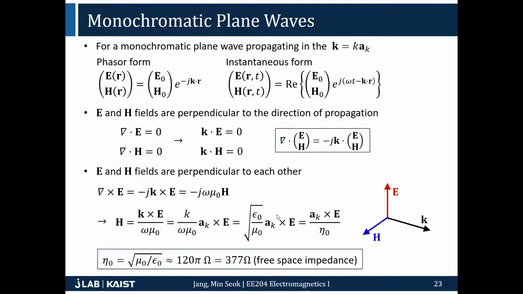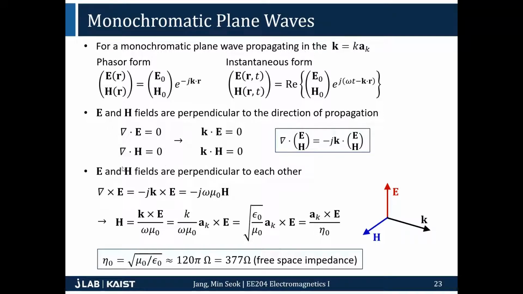And some of you might question how come divergence of E is equal to k dot E? Well, it's actually not exactly the same as k dot E, but it's the same as minus jk dot E. Because the E field has a dependence of e to the minus jk dot r, if you take the divergence of it, then this minus jk just comes down, and the dot E is basically equivalent.